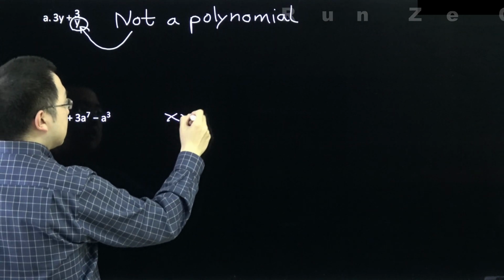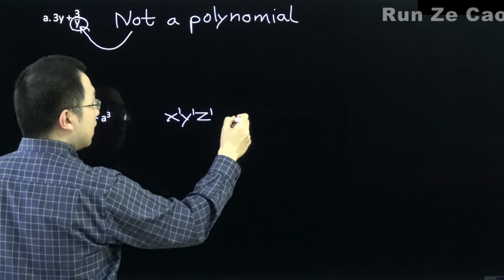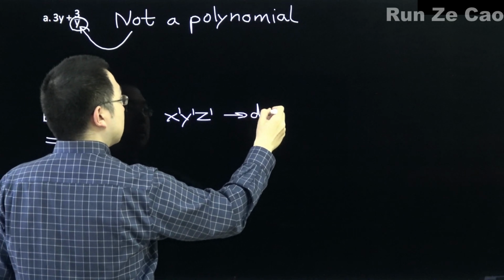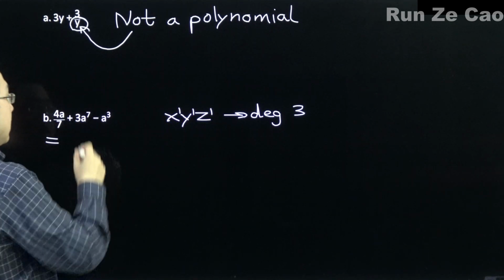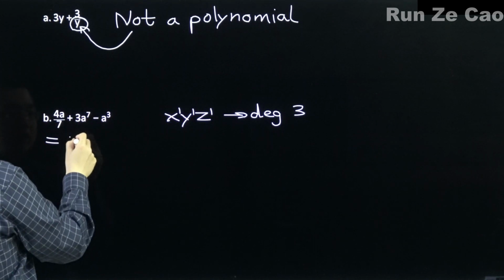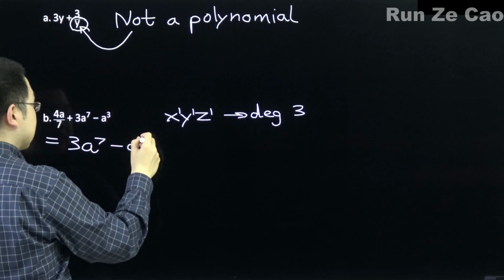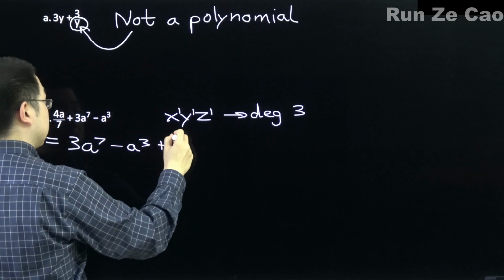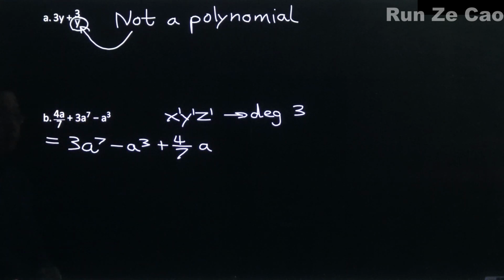So for example, xyz is x to the first, y to the first, z to the first, so it has degree 3, or 1 plus 1 plus 1. This here would be degree 7. So usually you'd see this written like this instead: 4 over 7a.